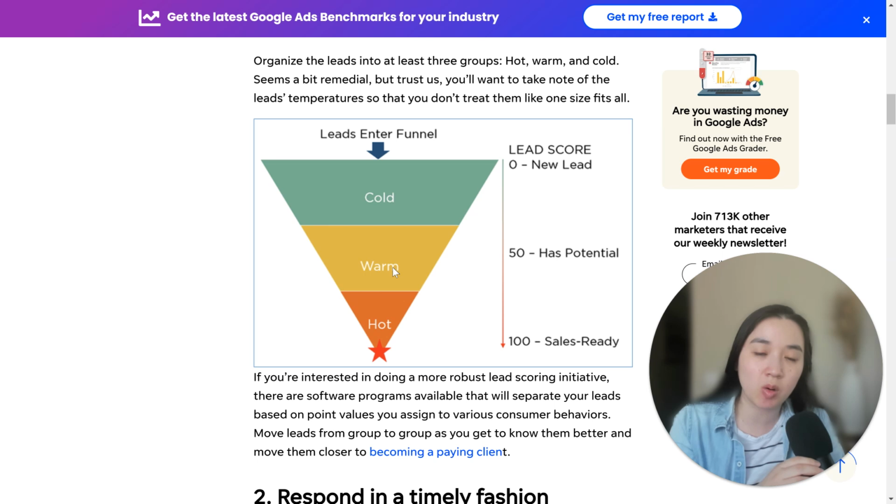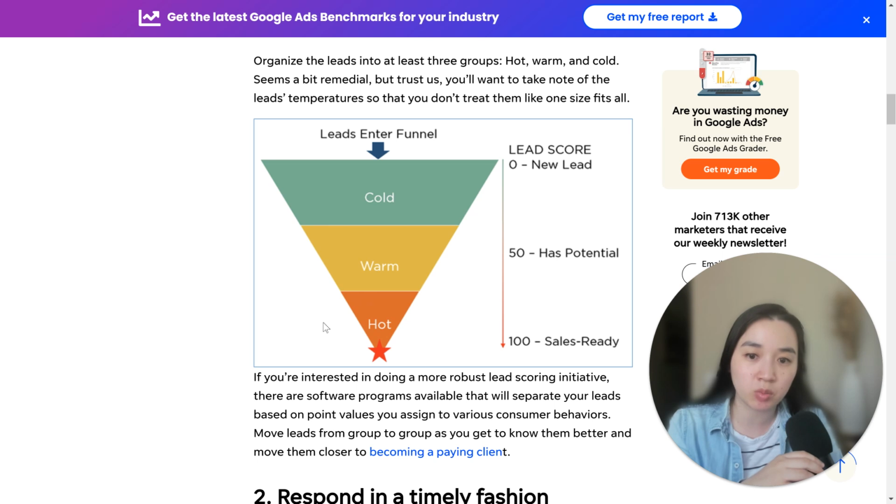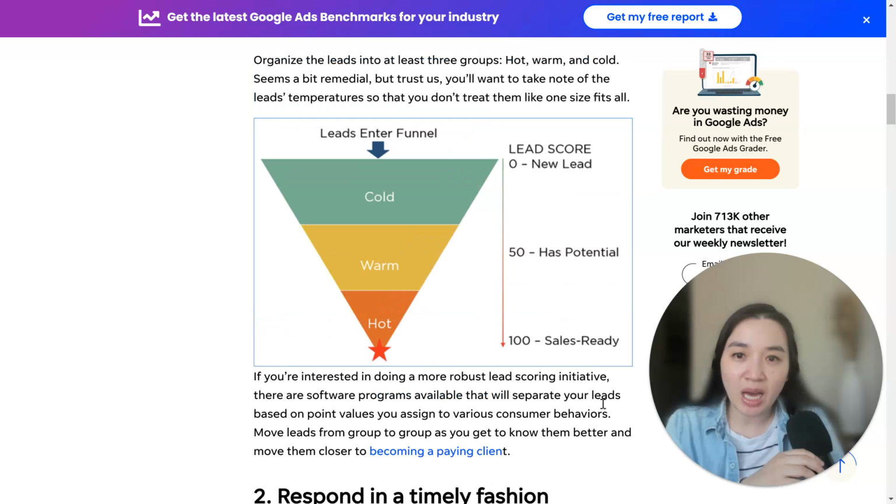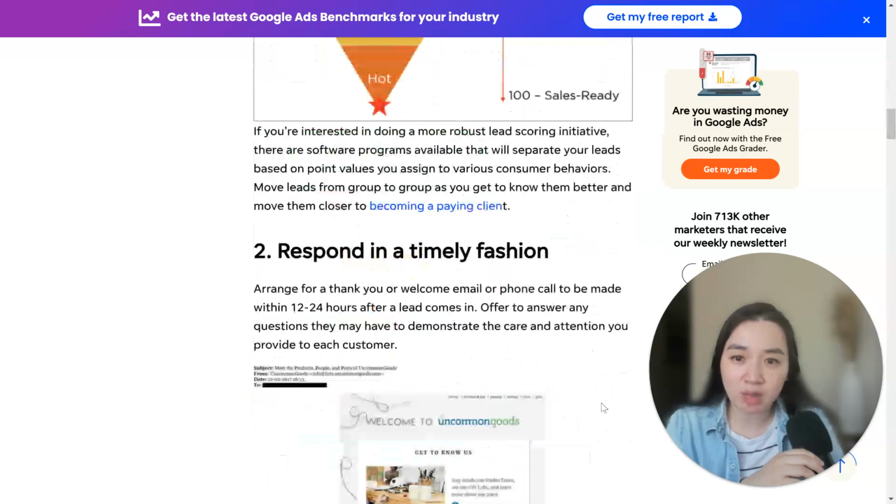Stop giving me these cold, warm leads. I want more of these hot ones. But you're going to have to score all your leads and let Google learn which ones are hot based off of the different demographics data and different inputs within Google, so that it can start looking for people that are similar. So that's that for segmenting your leads.